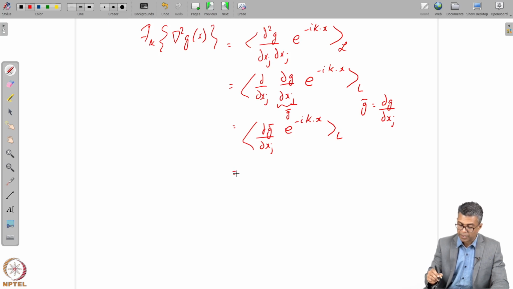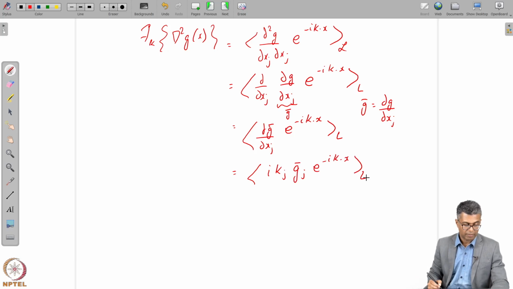And remember, here all I'm doing is I can take this as i kappa j gj bar, right? Because gj bar is the new variable, and then e to the minus i kappa dot x, and then I have an L. The i kappa j comes out from the volume average, and then I have gj bar e to the minus i kappa dot x over L. Okay, this is essentially what I have.